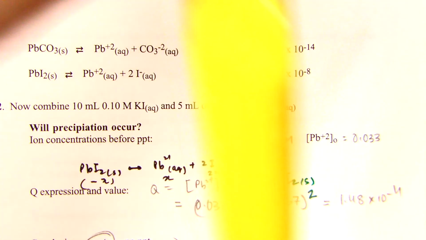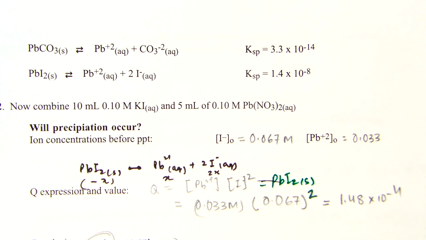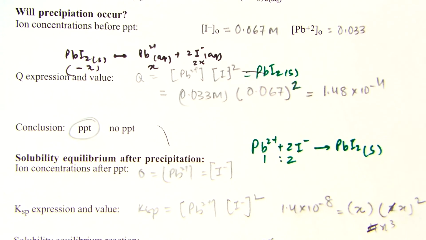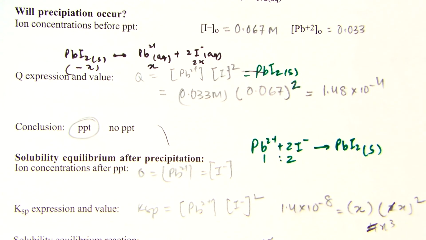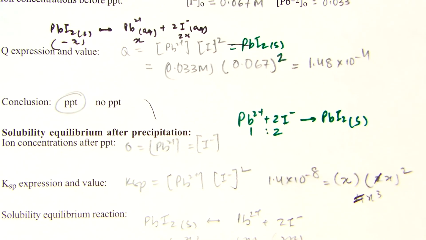And now let's write the solubility expression here. After precipitation, no ions are left because they were mixed in a 1 to 2 mole ratio, and they completely reacted with each other and formed a precipitate. Now we write the Ksp expression, which is Pb molarity times I minus squared at equilibrium. So how do we get these values?